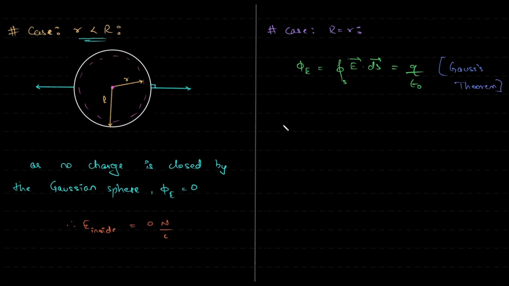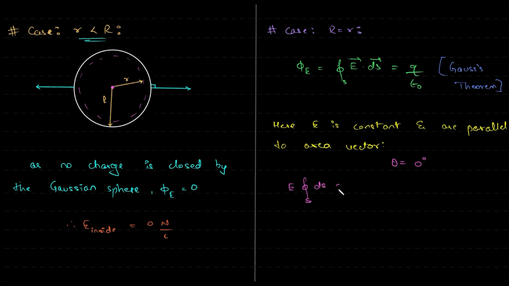Now, E is constant throughout. E here is constant and parallel to the area vector, and so we can tell theta is equal to 0 degrees. Therefore, the LHS will be E integration of ds cos 0 degrees, and this is Q by epsilon naught.